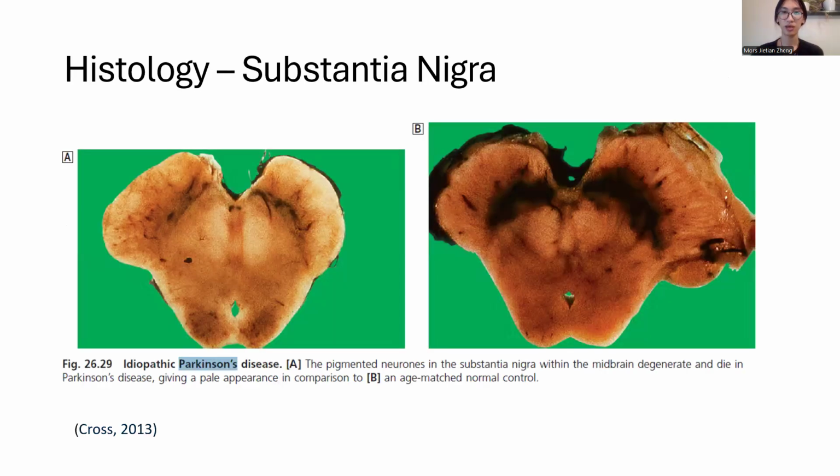Here is the specimen of the substantia nigra. On the left is idiopathic Parkinson's disease, where the melanin-containing neurons are lost. What you can see on the right side is a sample from a normal age-matched brain, which is darker.